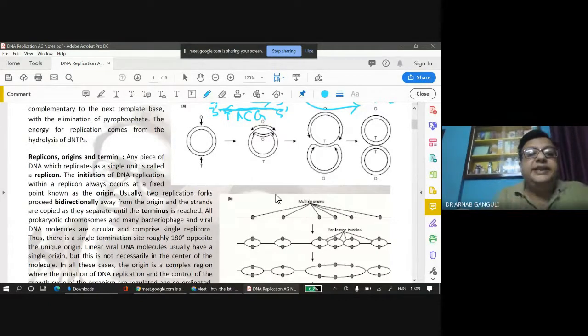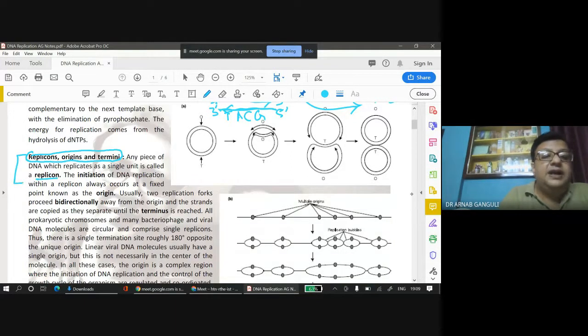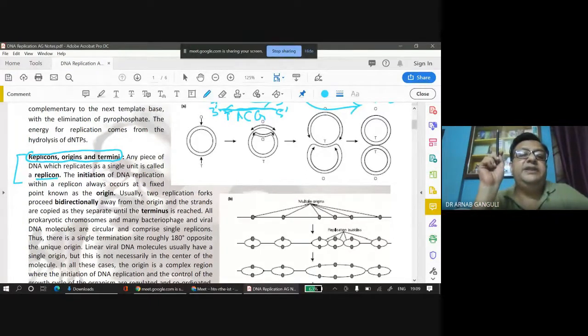So the next thing which you need to understand is what are replicons, origin, and termini. So what is a replicon? A replicon is any piece of DNA which replicates as a single unit.